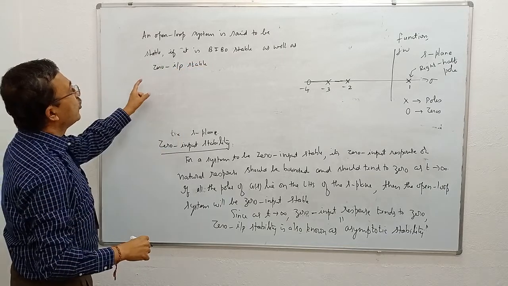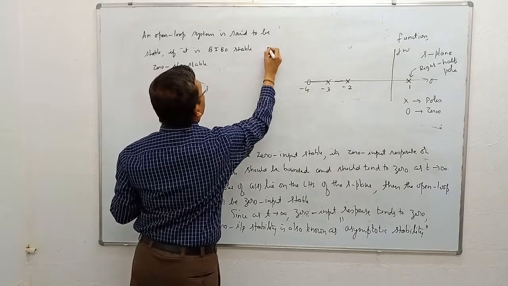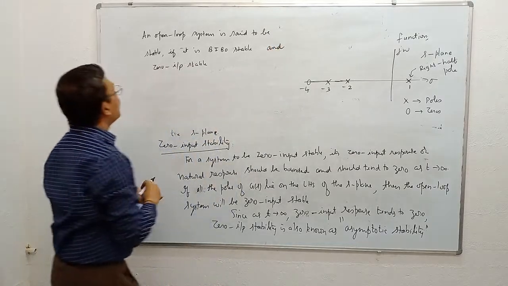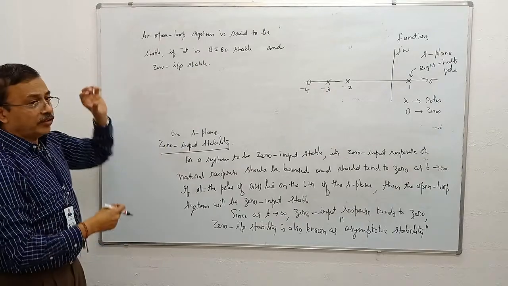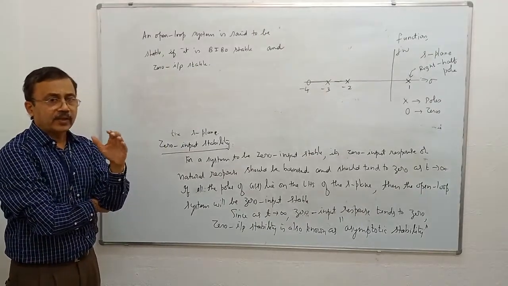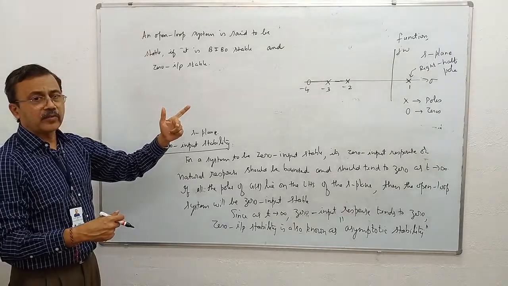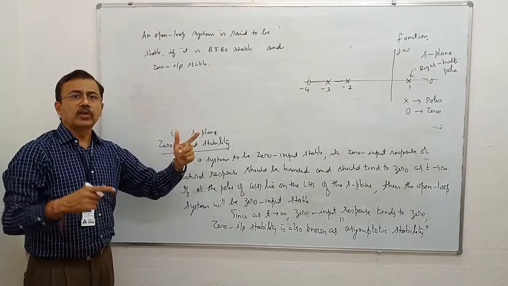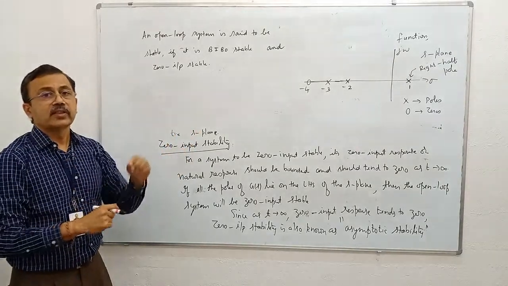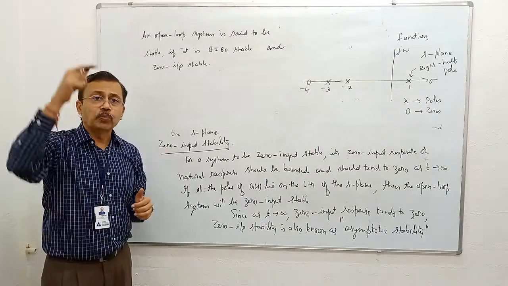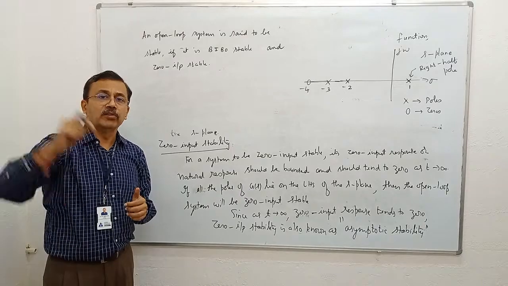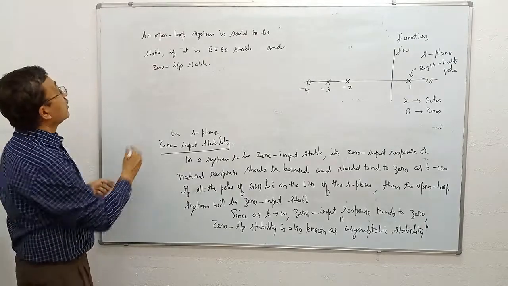So if you say a system is stable, it means when the system is subjected to input, output should be bounded. Also, when the system is subjected to initial conditions, output should be bounded and should tend to zero. Correct.